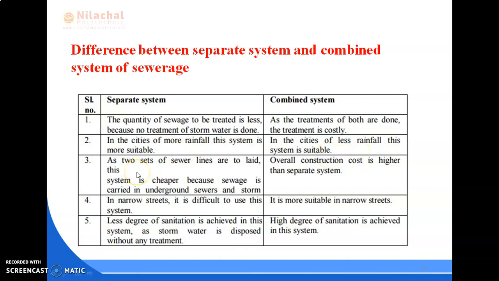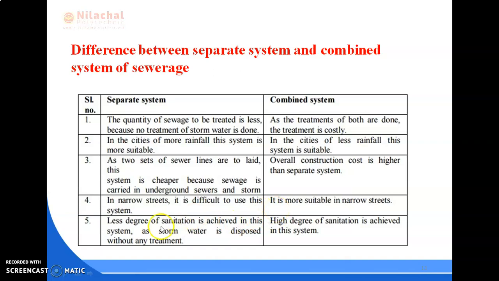Number 3, as 2 sets of sewer lines are to be laid, the separate system has higher overall construction cost, while the combined system is cheaper because sewage and storm water are carried in the same underground sewers. Number 4, in narrow streets, it is difficult to use the separate system, and the combined system is more suitable.